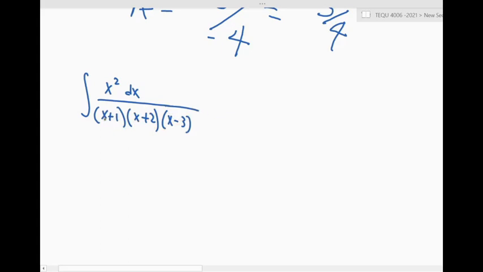The order of the denominator is order 3, right? x to the cube. The order of the numerator is x squared. That means that this is definitely under case A of partial fraction.